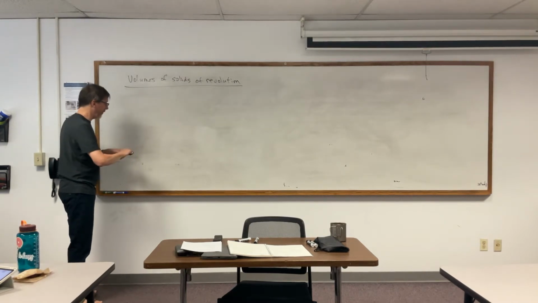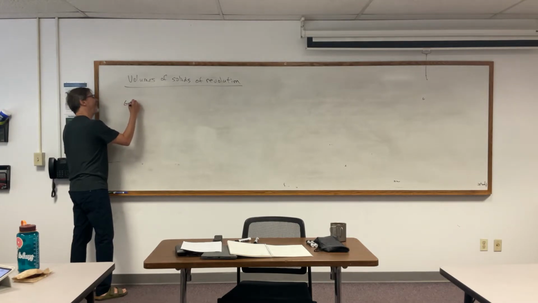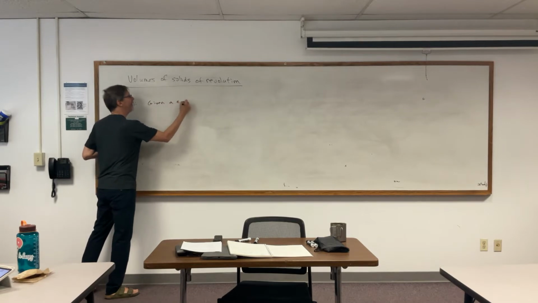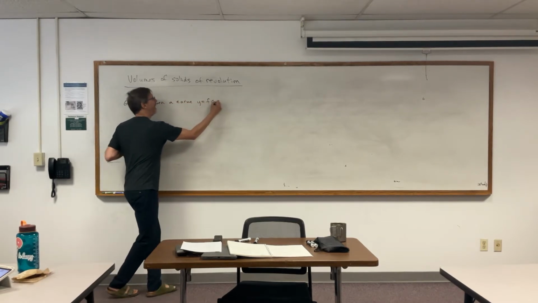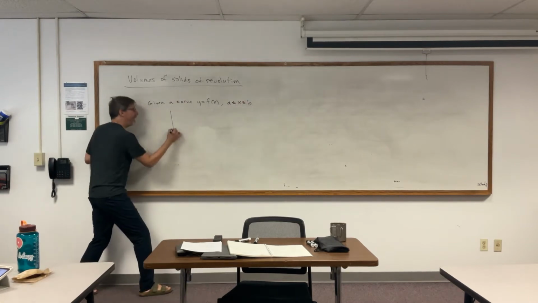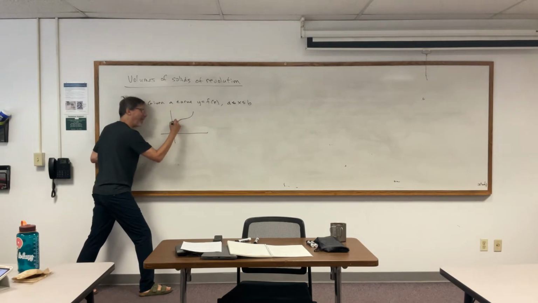So here's our plan. Here's our goal. I'm going to be given a curve, y equals f of x, and I've got a range on it, so x is between a and b. When I draw this, anytime I draw a function, I think it always looks like this, like the arbitrary function.